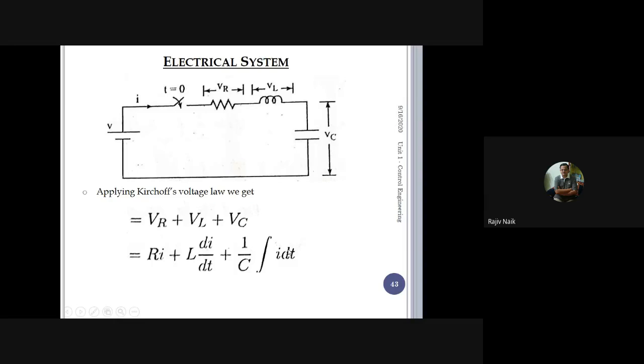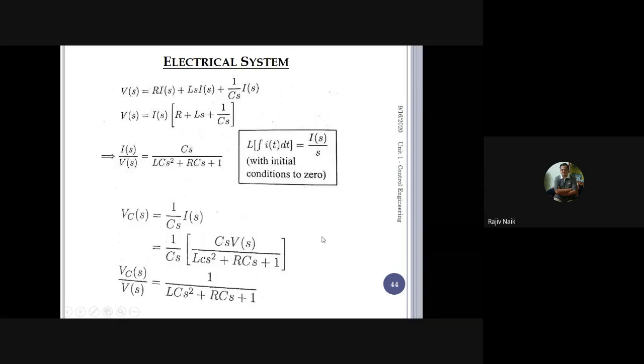This sum is equal to the external voltage. Just like in the mechanical case, where applied force is equal to the loss of force due to mass, friction and storage, in the same way we have to write this equation.